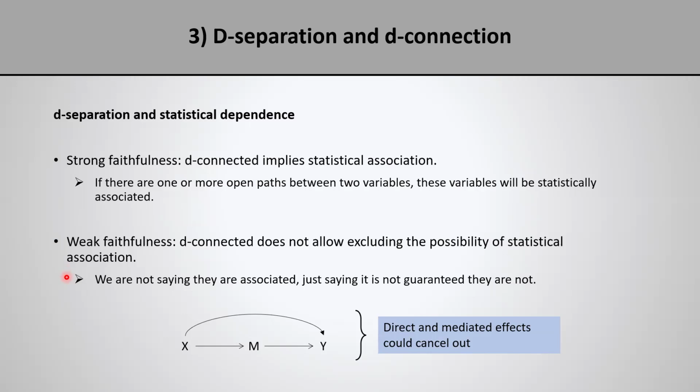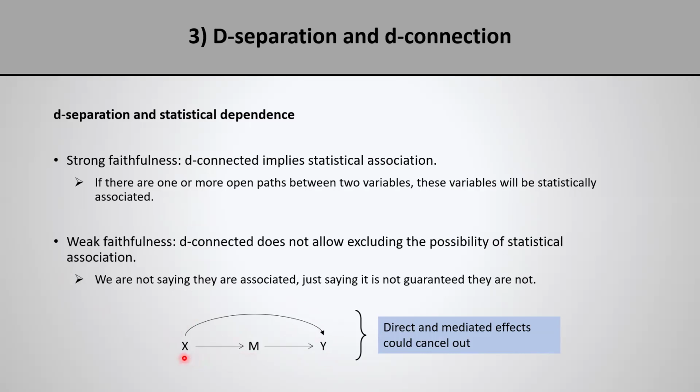So why do we have weak faithfulness? It might be intuitive at first to think that, okay, if I have two or more open paths between two variables, I have sources of association between them, so I would expect them to be associated. But it turns out that this is not always the case. So let's consider a very simple example of this, where we have two paths connecting x and y, the causal direct effect x, y, and the causal mediated effect x, m, and y.